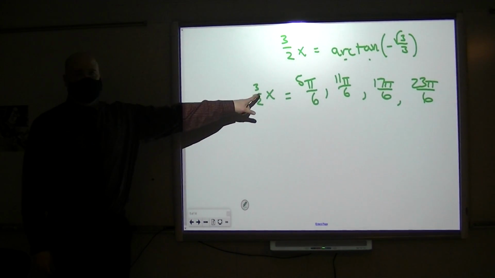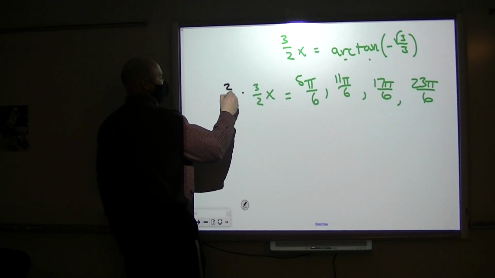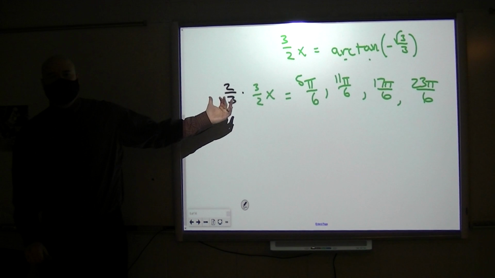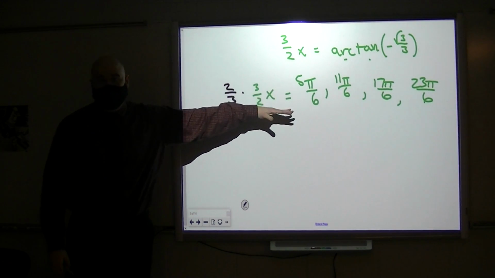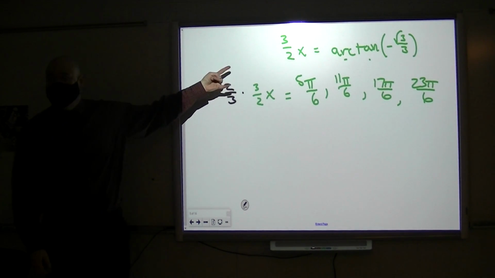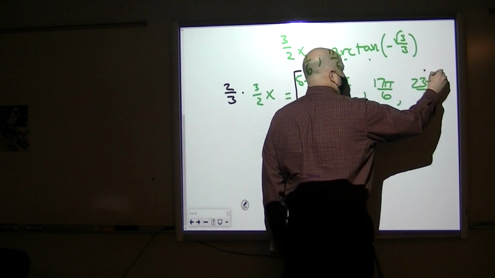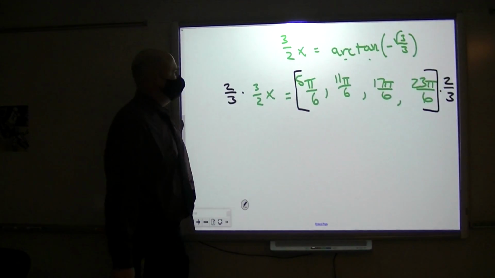Now I'm not done yet. I still have to actually isolate x and solve for that. So I'm going to do that by multiplying by this reciprocal. Right? That's how we get rid of fractions that are in front of variables. We're dividing by 3 over 2, but if we're dividing by 3 over 2, we're multiplying by 2 over 3. So over here, I'm multiplying by 2 over 3 as well.